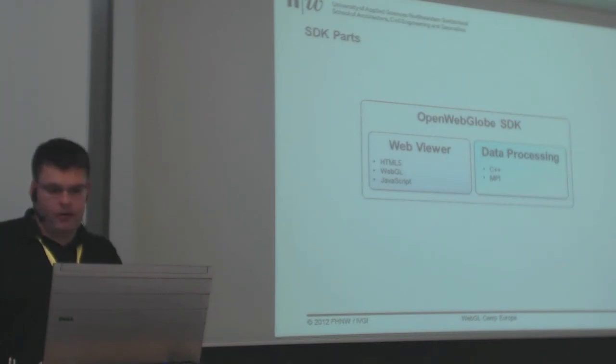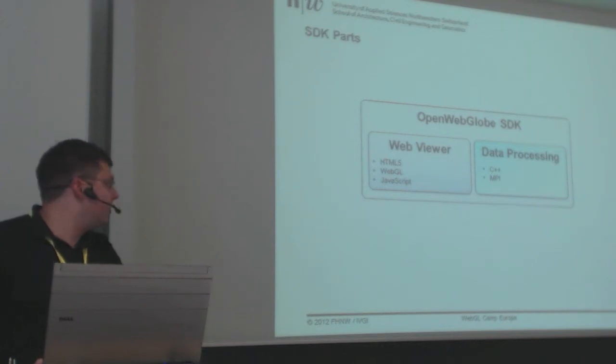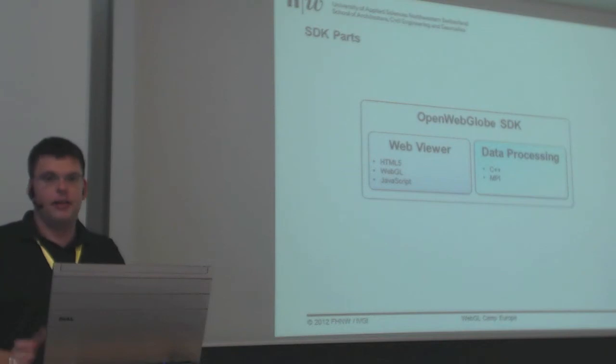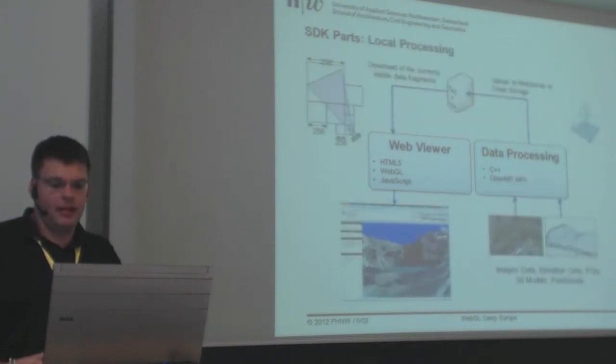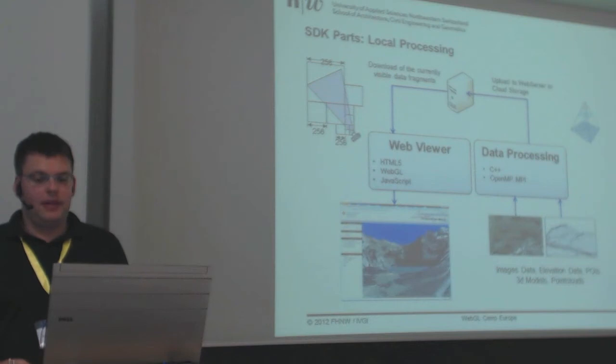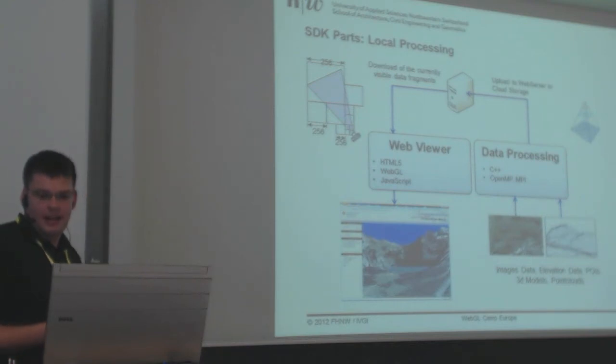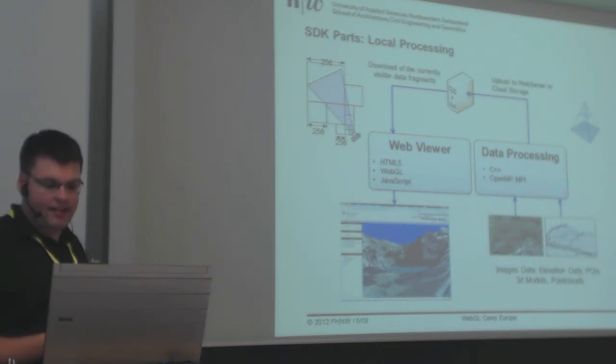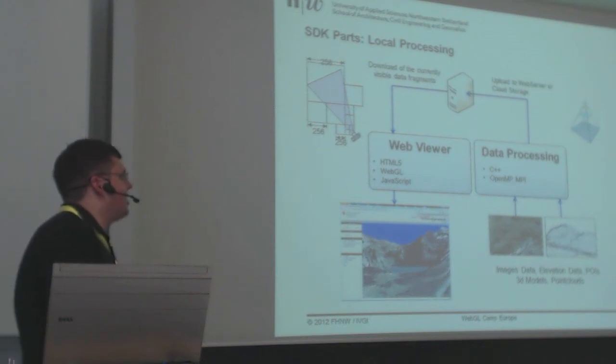Now the second part of the SDK is the data processing part. We need to pre-process this data because the images and elevation data are huge, sometimes terabytes of data. So there is a need for this pre-processing. What I mean by this is we tile this image data.